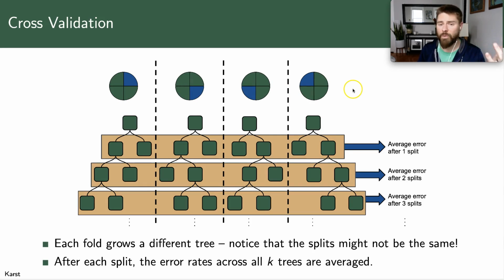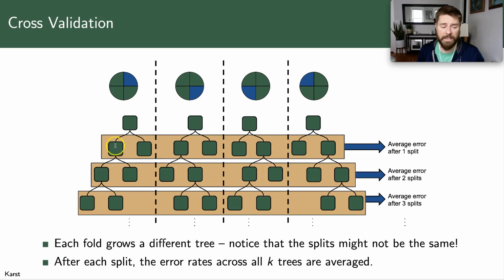It's going to be kind of a weird representative. And what we want to do is smooth out that noise. So I build the tree with piece number 1 as my mini test, as my validation. I build the whole tree with piece number 2 as my mini validation, with piece 3 as my mini validation, and piece 4 as my validation. Okay, and remember, the other 3 pieces are acting as training in all these cases.